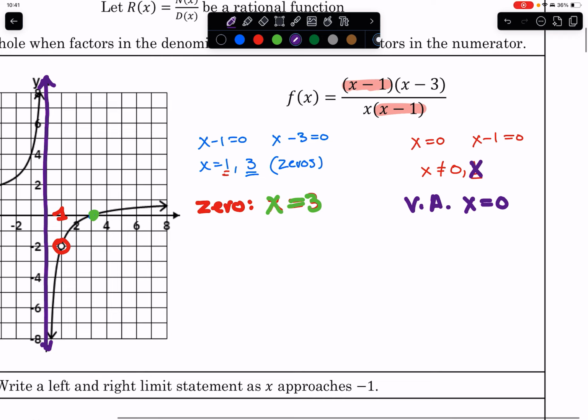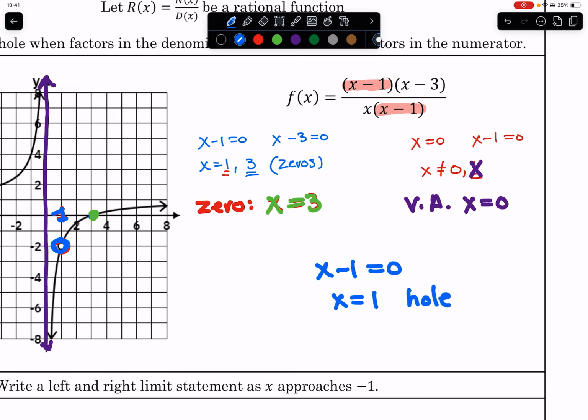And since this is a common factor on the numerator and the denominator, I'm going to now do it in blue. At x minus 1 equals 0, which is the solution of x equals positive 1, this is the location of a hole.